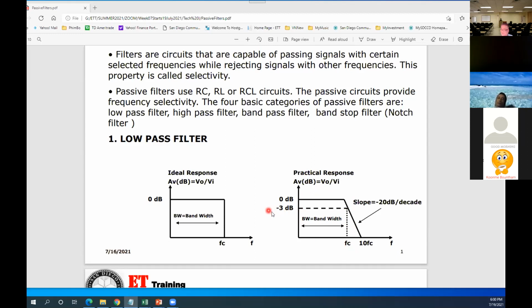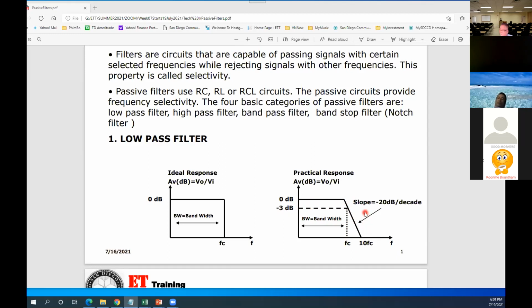Okay, if you get an input of 10 volts, in the mid-range here the output is also 10. You haven't lost anything. However, at the cutoff frequency, this point right here, you will be going down 3 dB. That means 0.707. So at this point, output is only 7.07 volts.